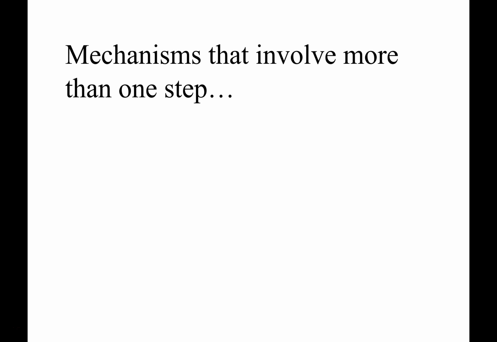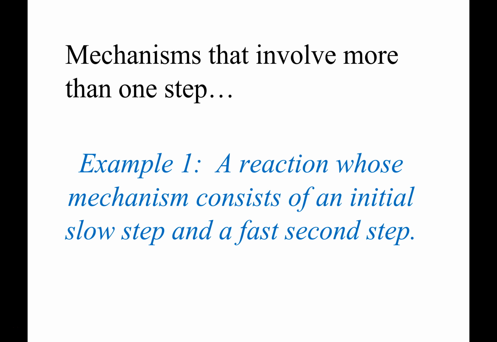Okay, so now I need to spend a little bit of time talking about the reality that there are reactions out there that occur in more than one step. So the first one we're going to look at has an initial slow step and a fast second step.